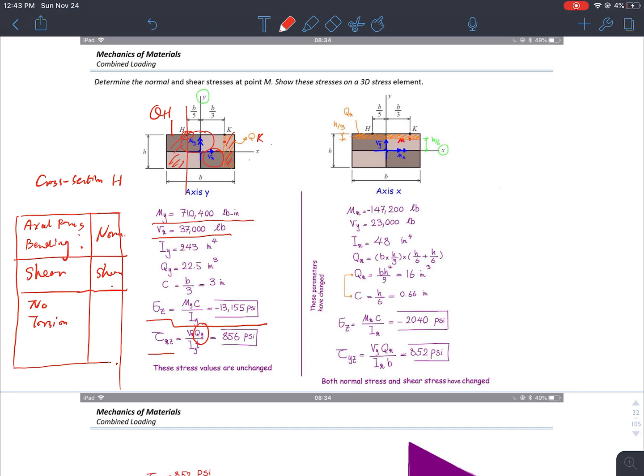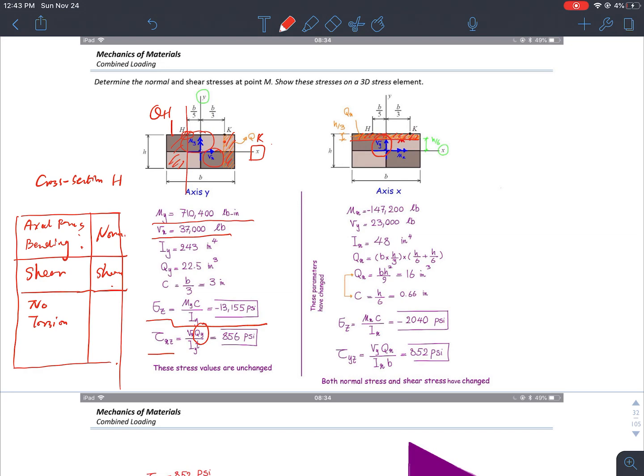Now be careful. This is with the shear force with respect to x direction. If I have a shear force in the y direction, I have to make a cut separately. So that will be the Q.